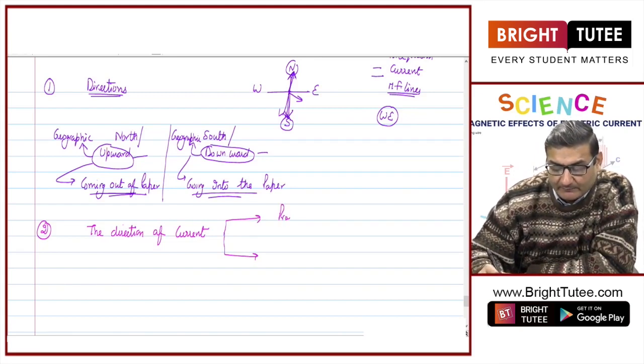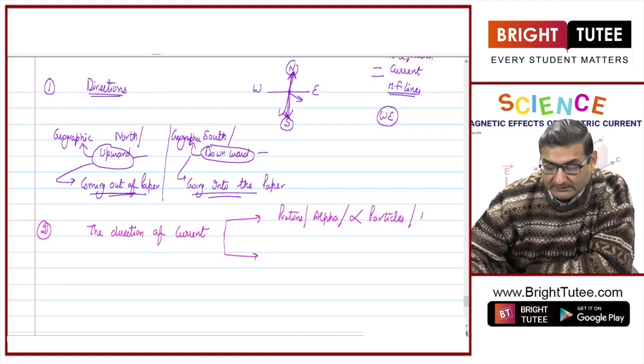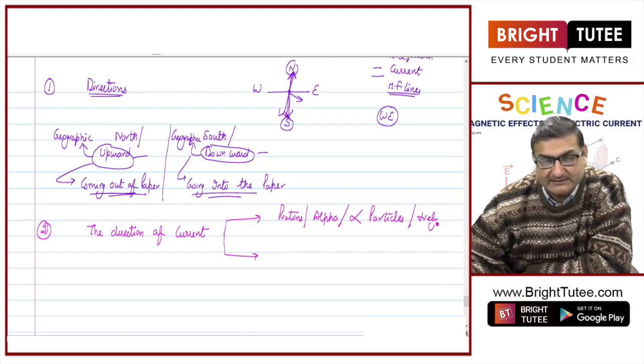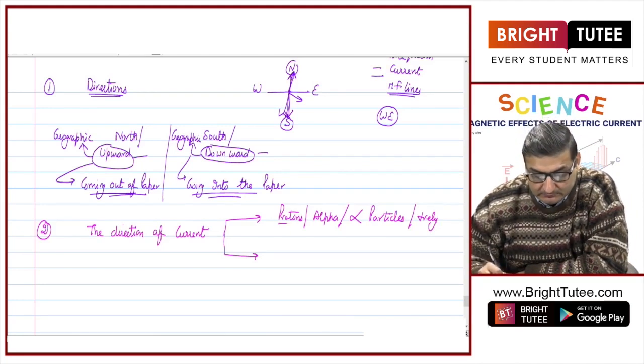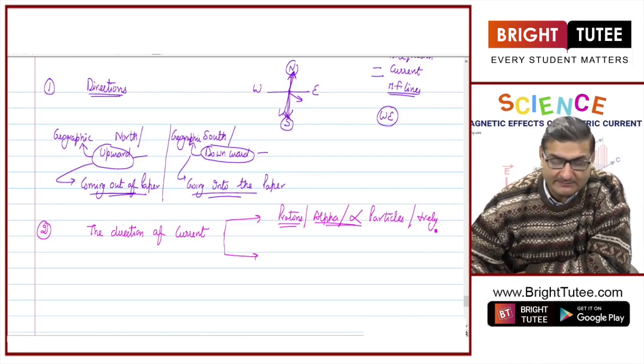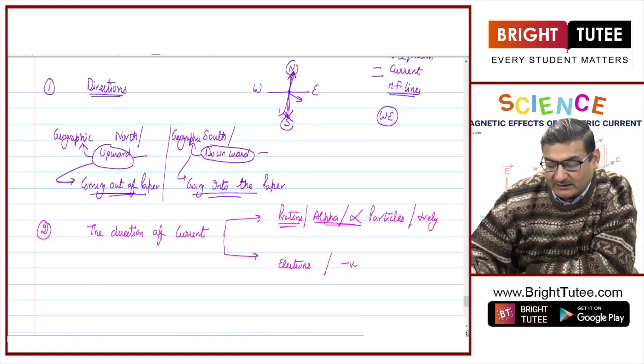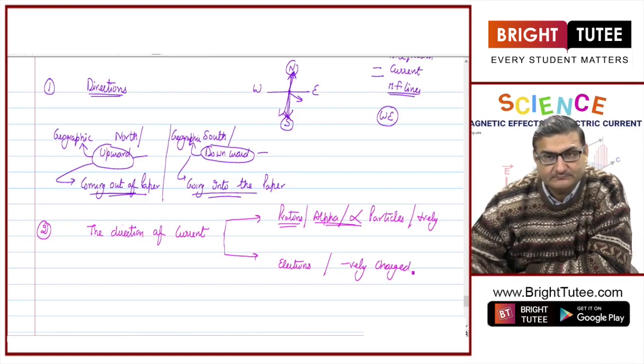One will be protons or alpha particles, which are also represented by the alpha sign. These are positively charged particles. Whether it is protons or alpha particles, they are positively charged. And the second type of particles, of course, are electrons, which are negatively charged particles.